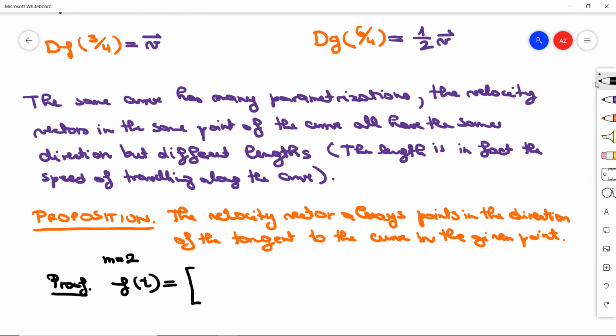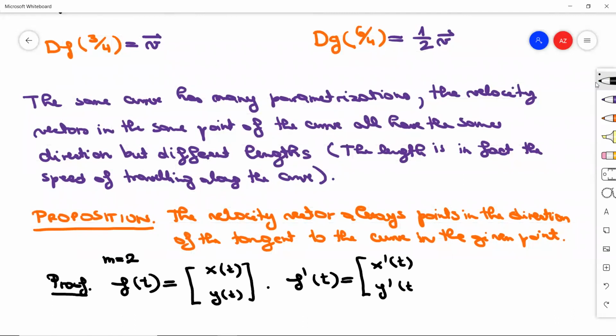So f of t is then x of t, y of t. And then by definition, the derivative of f at t is the derivative of x with respect to t and the derivative of y with respect to t.